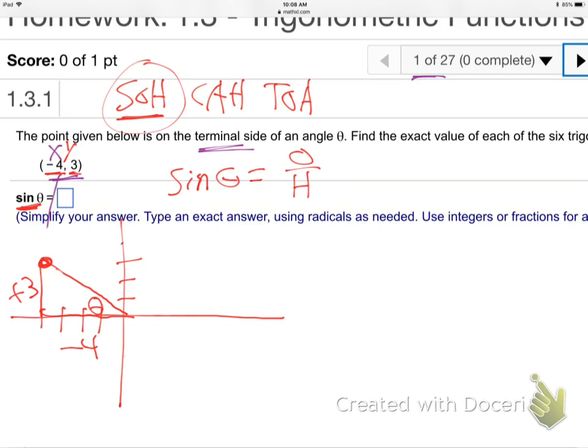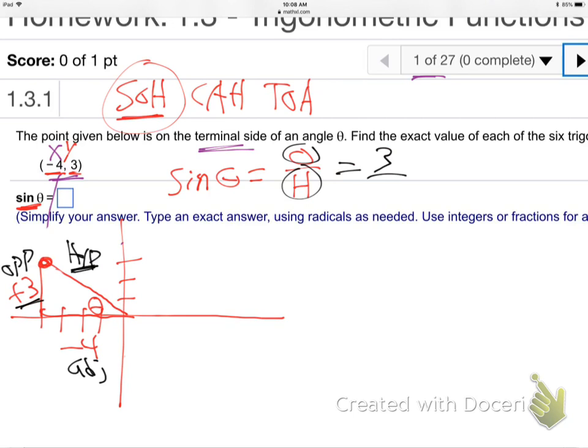So if this is angle theta in my little triangle, which side is the opposite side? Yeah, the 3 is the opposite. This is the adjacent, next to theta. And this side's the hypotenuse. So I need opposite over hypotenuse. I've got the opposite, that's 3, but I don't have the hypotenuse. I don't know what it is.